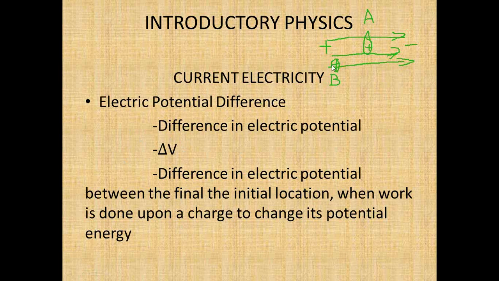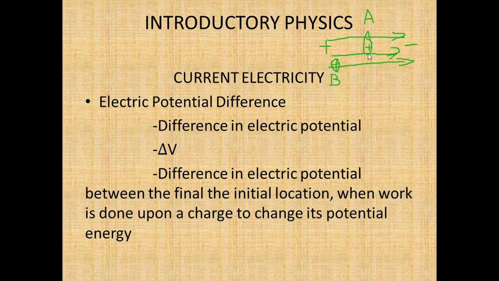It is the difference in the electric potential from the final location to the initial location. So what you do, you find the electric potential at this location, you find the electric potential at this location, and you subtract A from B, okay, and that's the electric potential difference.